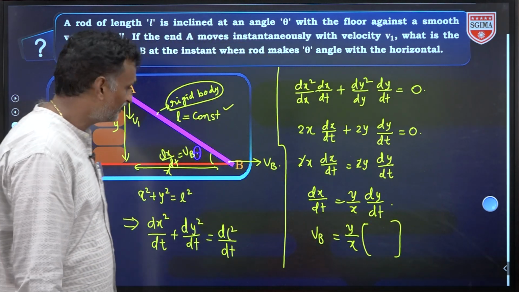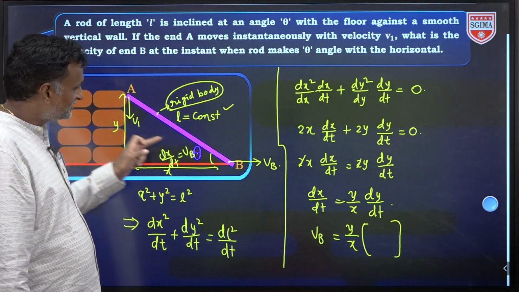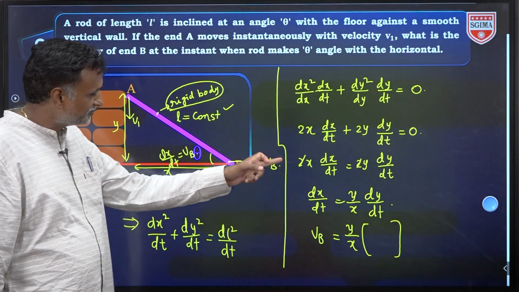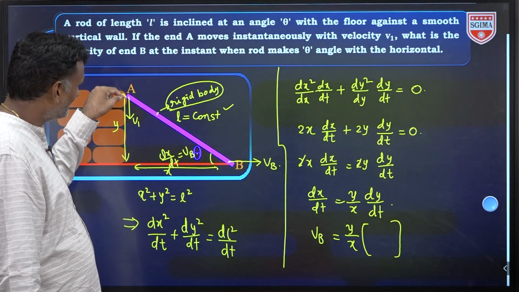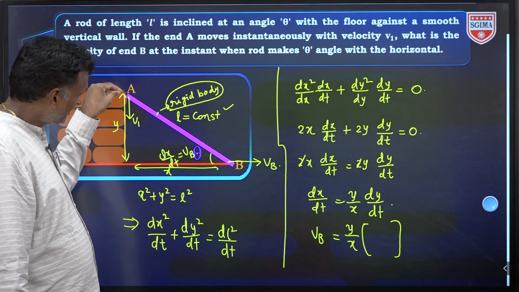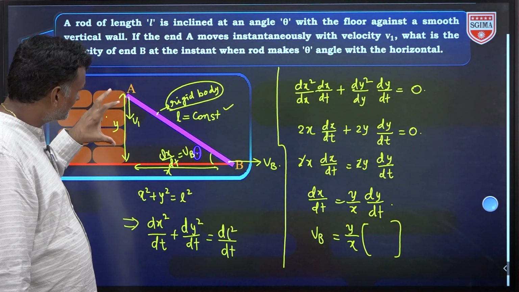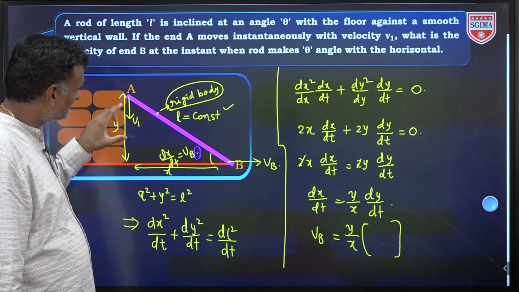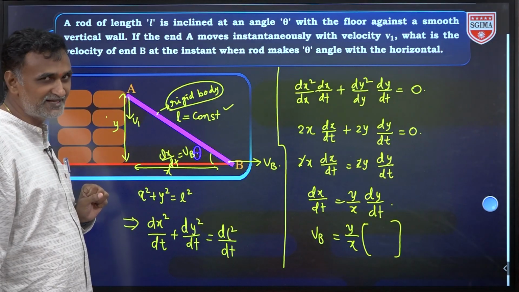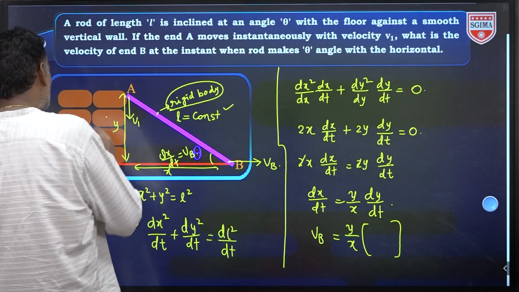As rod end B is moving right side, end A is moving downward. End A moving downward means dy/dt is equal to V1 as per the question.